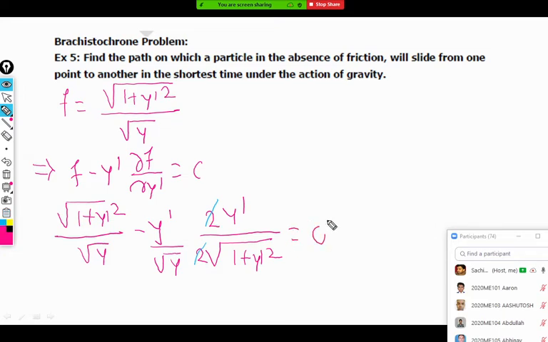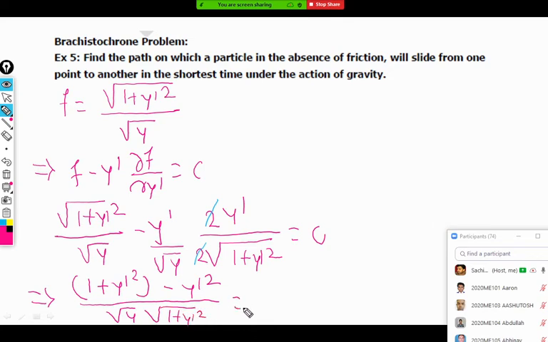You'll observe there is not the same denominator, so to make the same denominator you can cross multiply. If you cross multiply, you will get 1 plus y dash square minus y dash square divided by root y into root of 1 plus y dash square is equal to c.